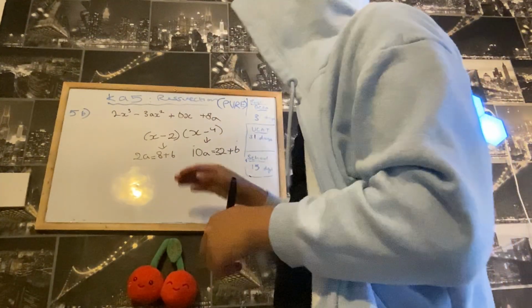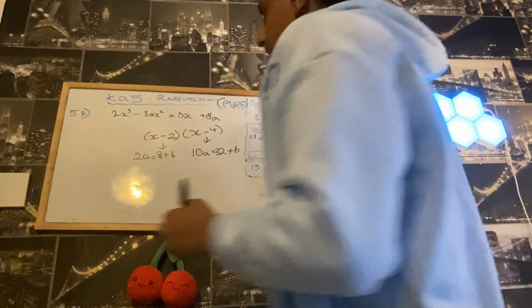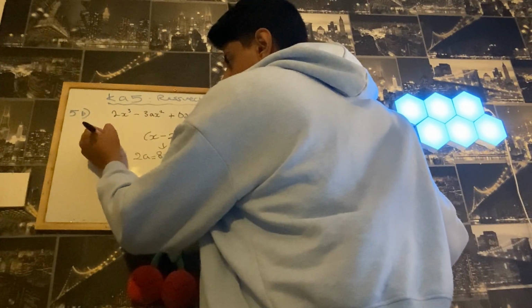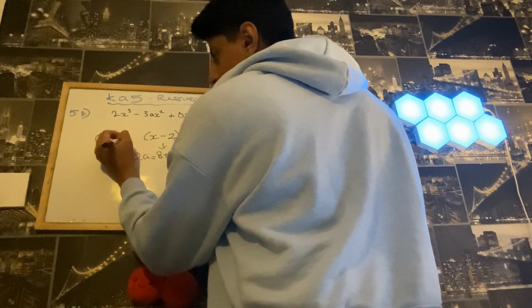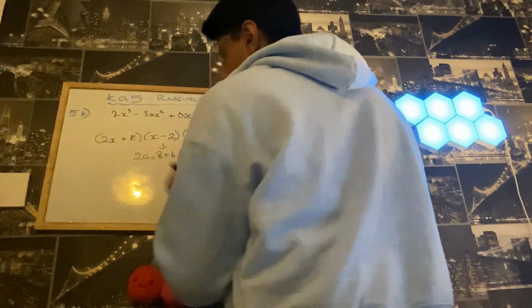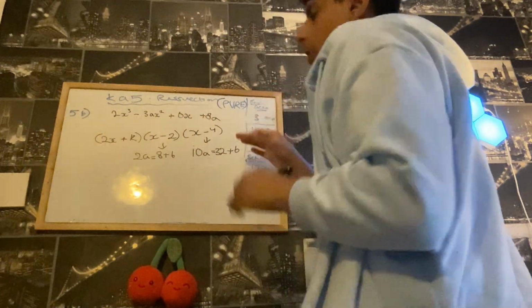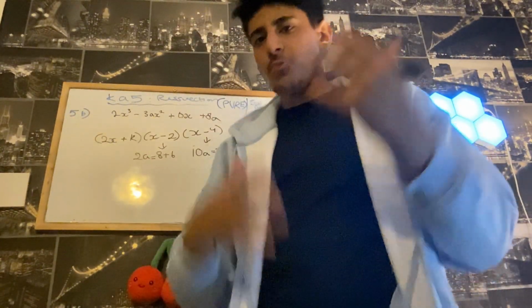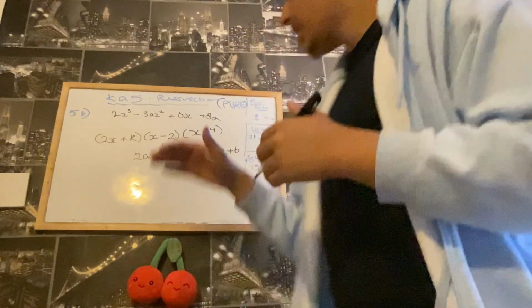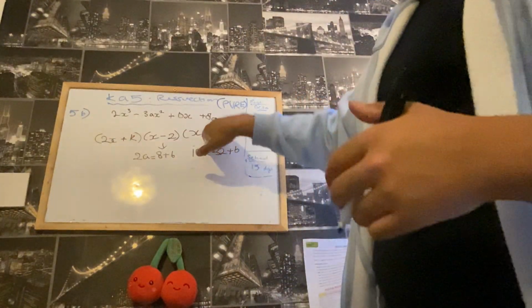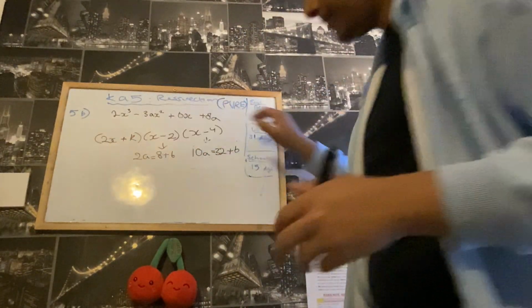That should be fine. And then we're told that there's another one where it's 2x plus k. Okay? So if you think about it technically, and this is where our logic starts to apply, this is technically the same as that.